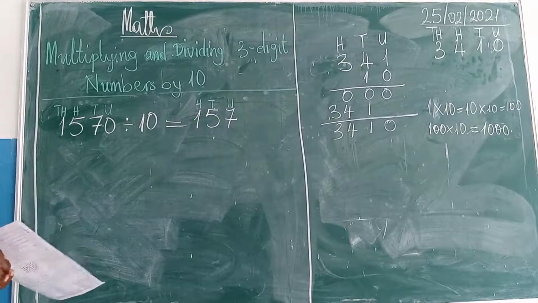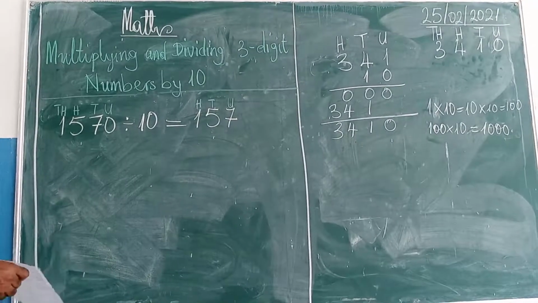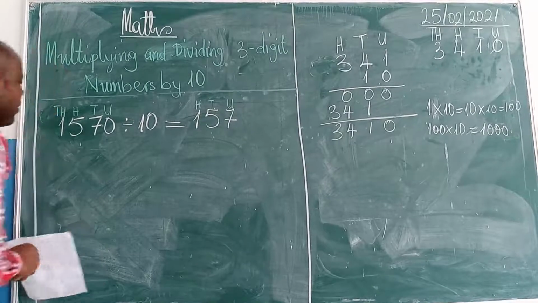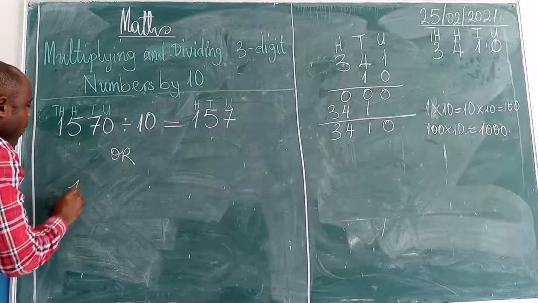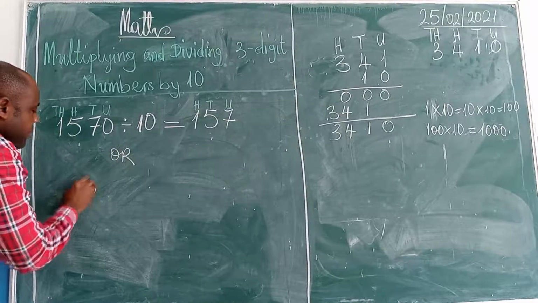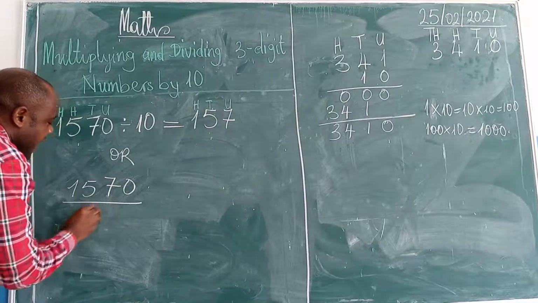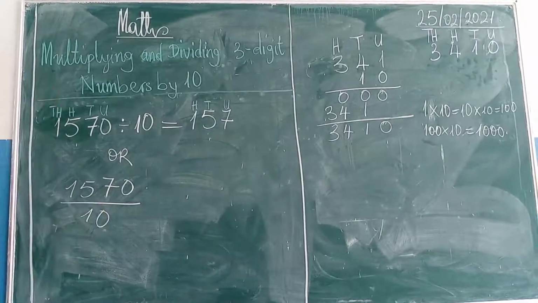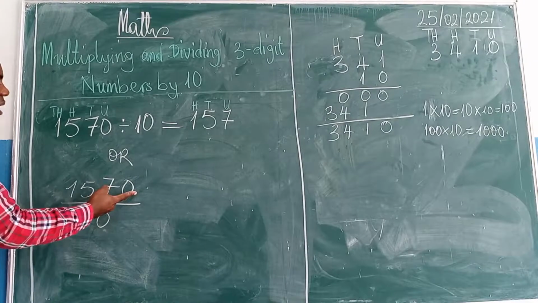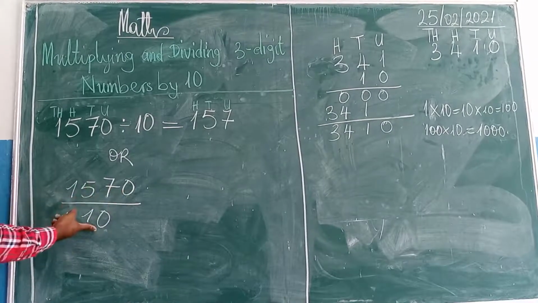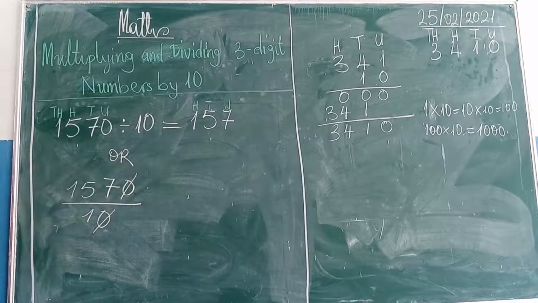And let us do the division directly. We have 1,570 divided by 10. This is the simplest method of doing it. Since this number ends with 0 and this one ends with 0, we cancel the 0.